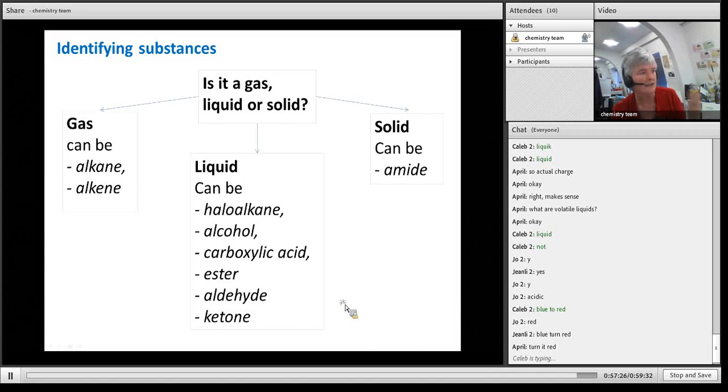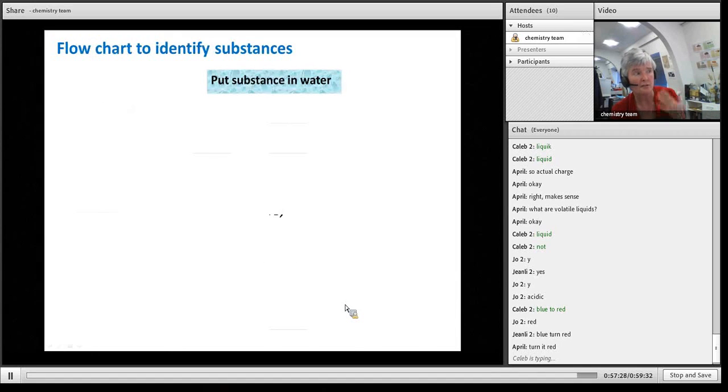So basically your flow chart would be: put it in water. You need to add the water to show litmus paper changes, because remember, litmus paper, phenolphthalein or universal indicator paper won't change color without water, because they change color according to the H+ concentration or OH- concentration.